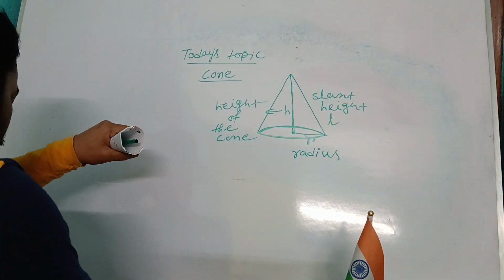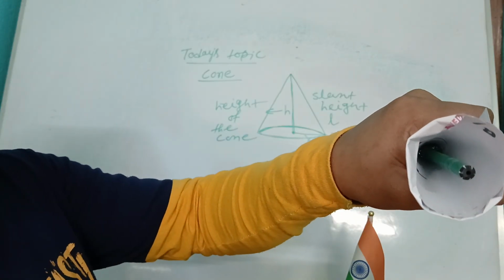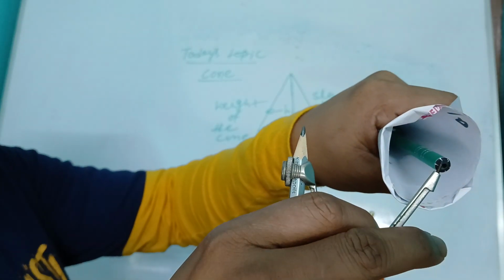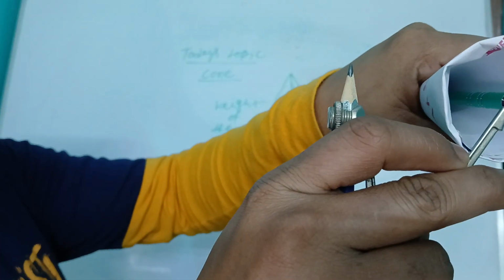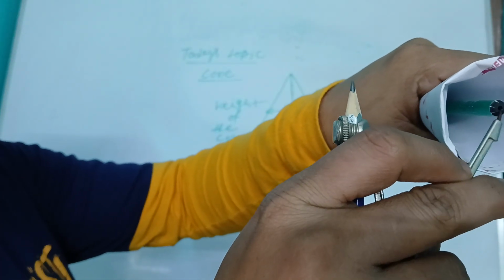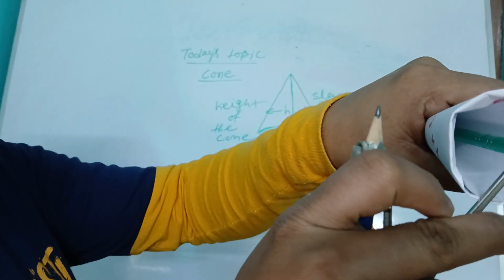I am drawing the radius, which is the distance from the center to the circumference. If you observe carefully, you can see the height and the radius are perpendicular to each other.